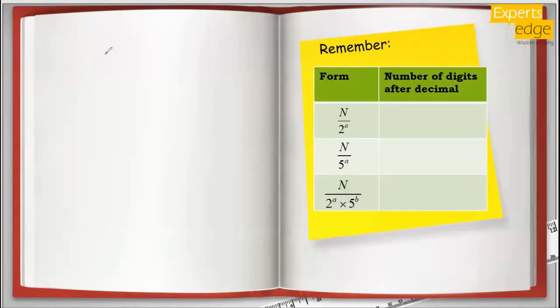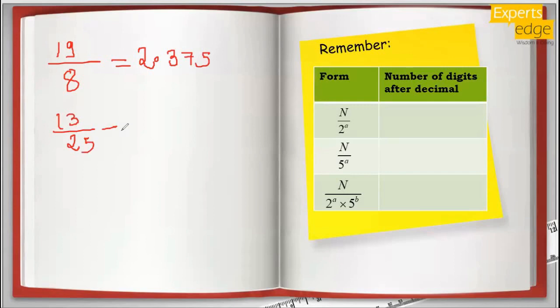If you look at another concept, let's say 19 by 8, the value of this comes out to be 2.375. Or another example, let's say 13 by 25, this value comes to be 0.52. Now if we see, 8 is nothing but 2 cube, so after the decimal we got 3 digits.